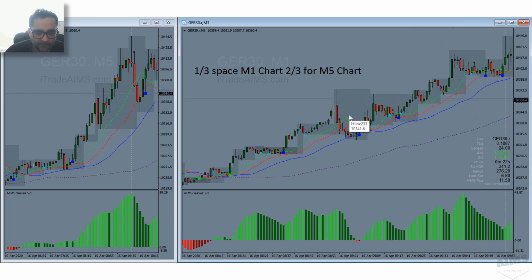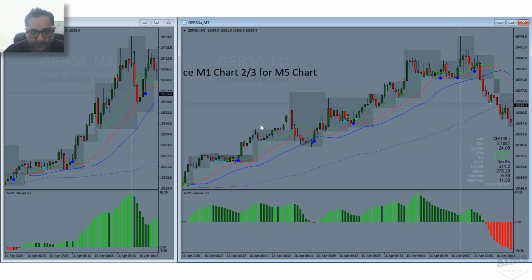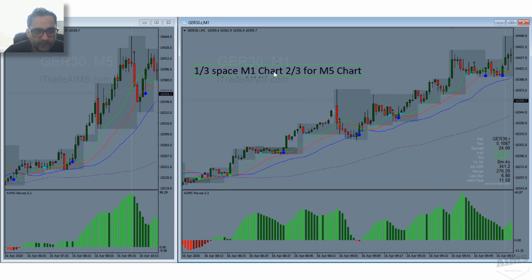And now I have the perfect 1/3 for the M5 and 2/3 for the M1. So that's one trick I wanted to talk about today. And then you can just get rid of the 3rd chart. We don't need it, but I have it there for a purpose because something happened in the chat room that I want to talk about. Let's delete this as well.